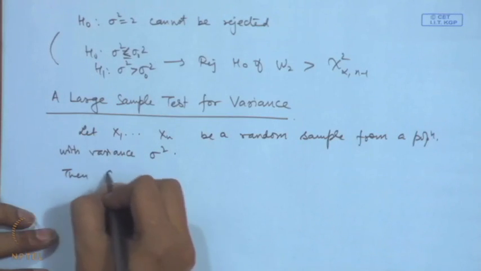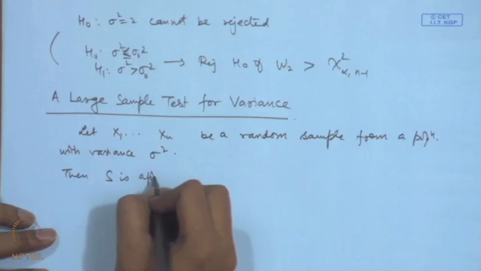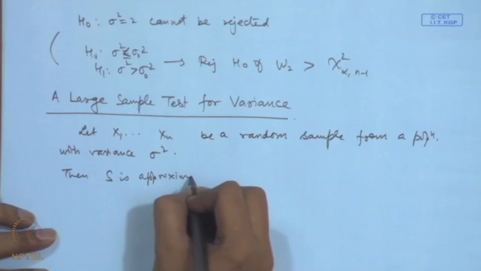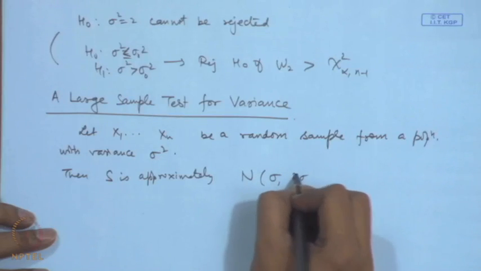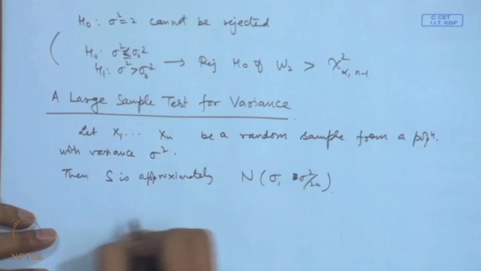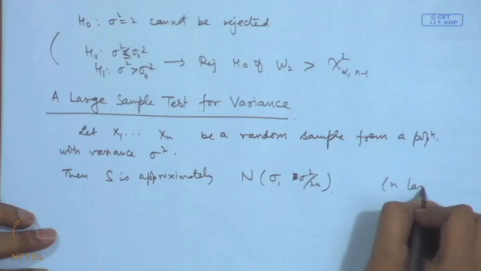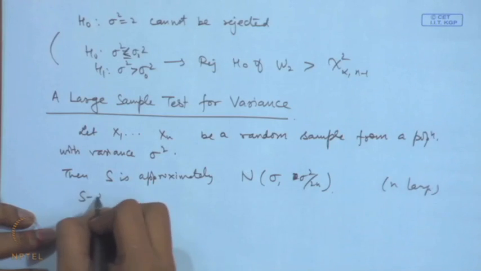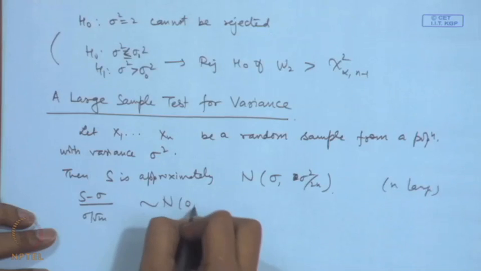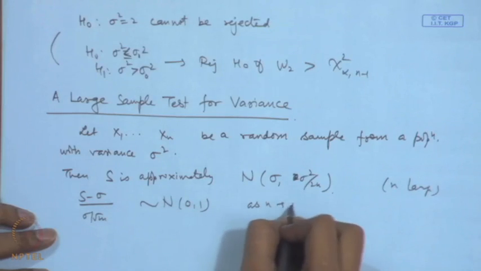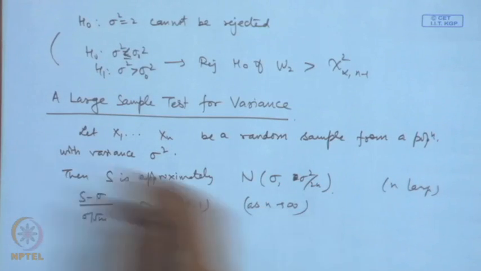Then S is approximately normal (sigma, sigma square by 2 n) for n large. So, (S minus sigma) by (sigma by root 2 n) is approximately normal 0 1 as n tends to infinity.